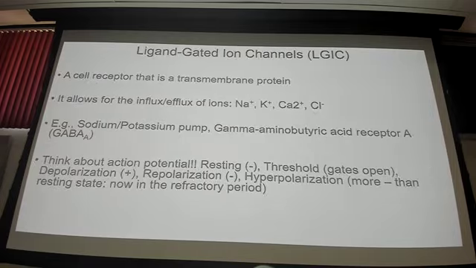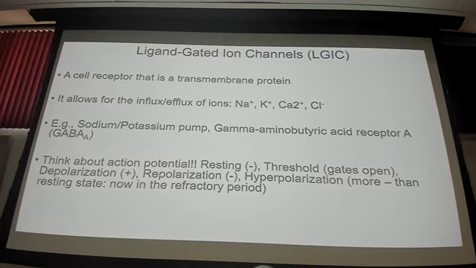So, ligand-gated ion channels play a critical role in the fast synaptic activation of the nervous system, and they allow ions to pass across the cell membrane to, in this case, hyperpolarize the cell membrane.